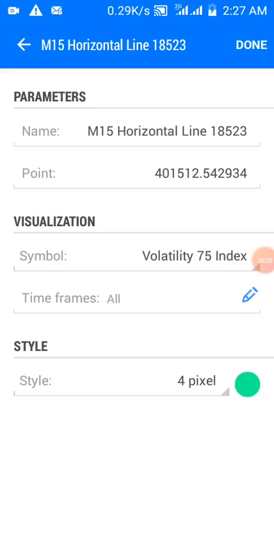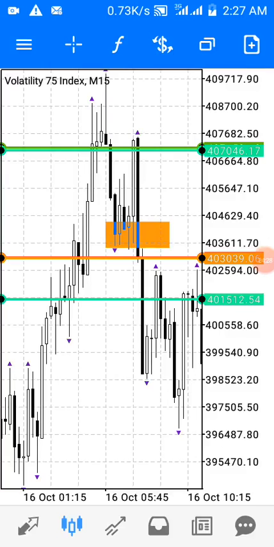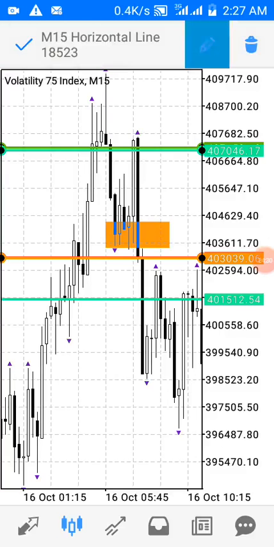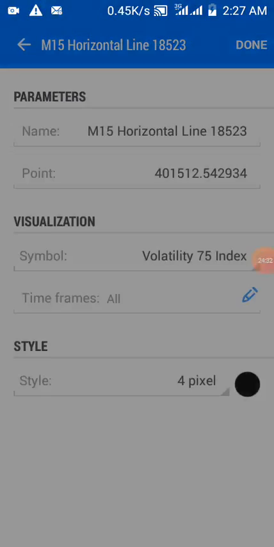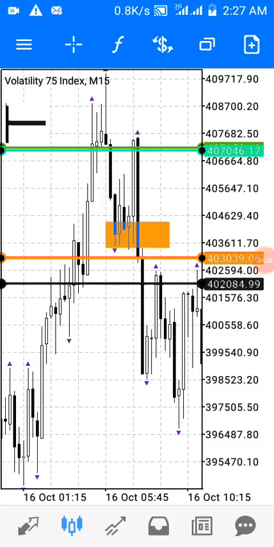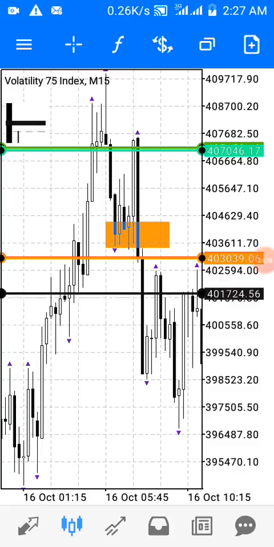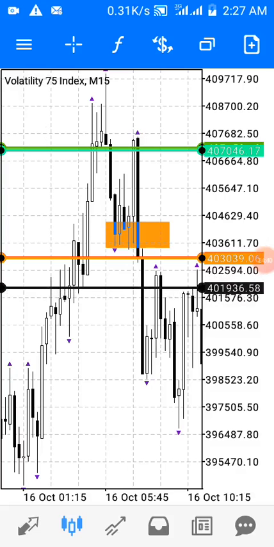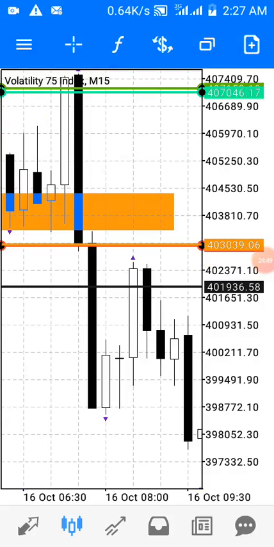Let me change the color of take profit to black. So that means your take profit will be 2,500 points from down here, from this point.